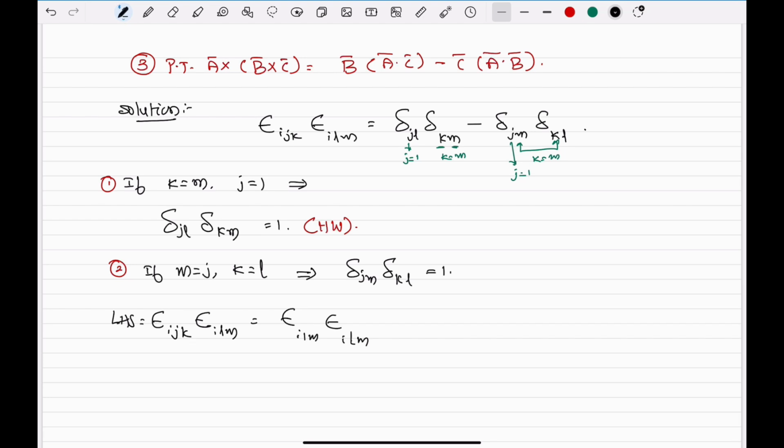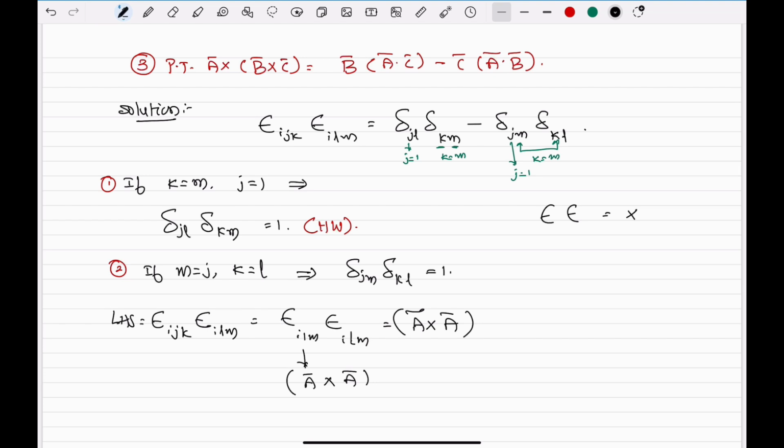Epsilon ILM into epsilon ILM is equal to A cross A, because this is A cross A. Both are same. Epsilon into epsilon is cross. That is the definition.